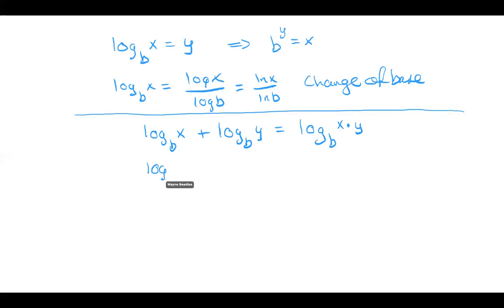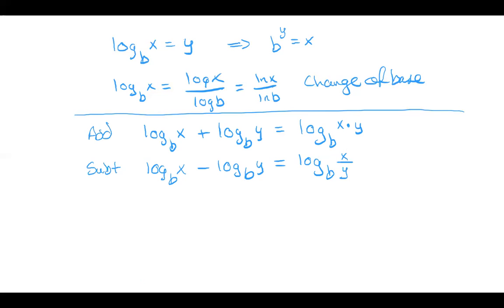If it's subtraction and the bases are the same, you divide them and vice versa. So x divided by y. So you can write that as log base b of x minus log base b of y, going backwards if you wanted to. So we call this the addition rule. Sometimes it's called the multiplication rule. This one I call the subtraction rule, but it could also be called the quotient rule because it's division.